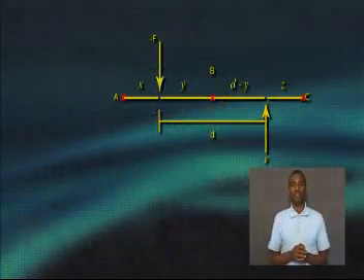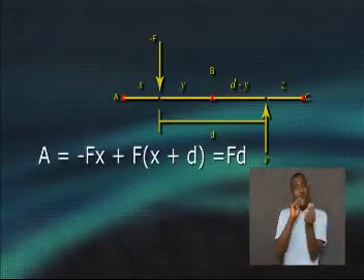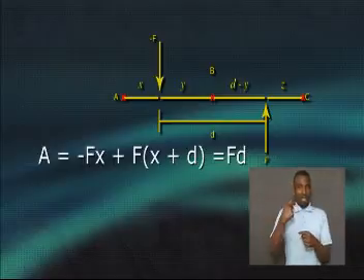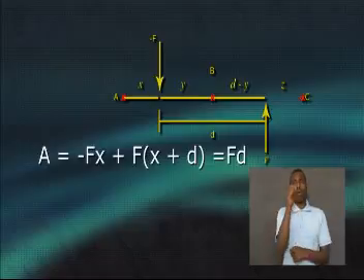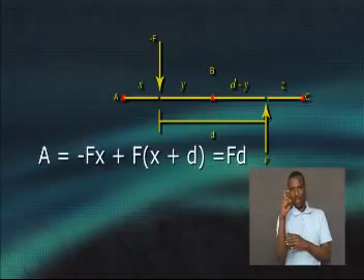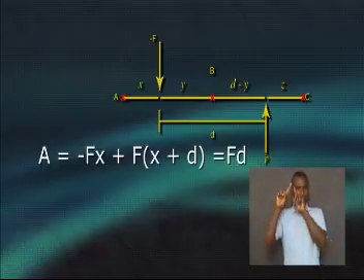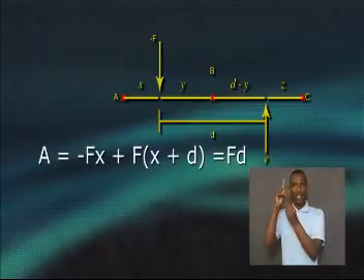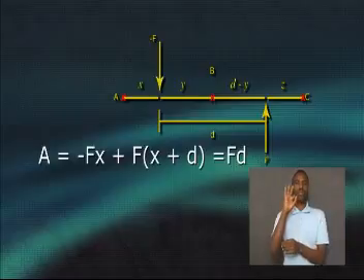For the moment about A, our formula says that A equals negative Fx plus F times (x plus d) equals Fd.